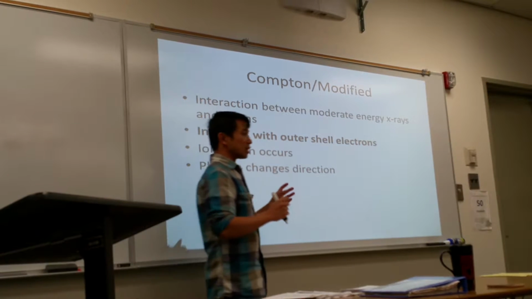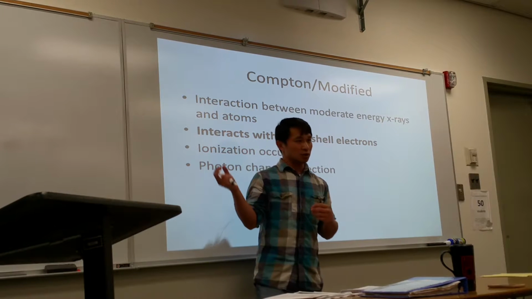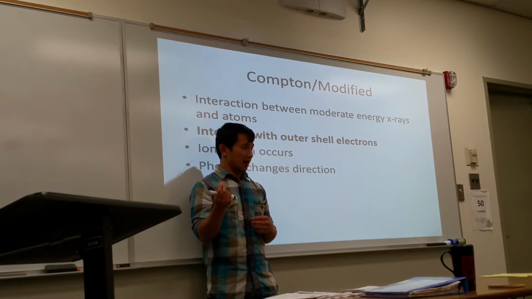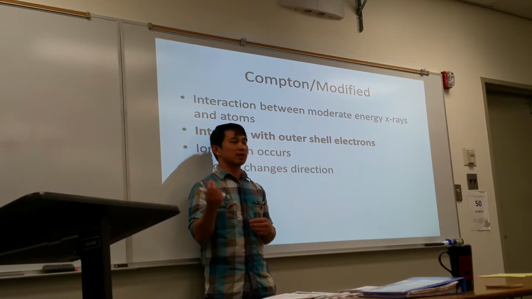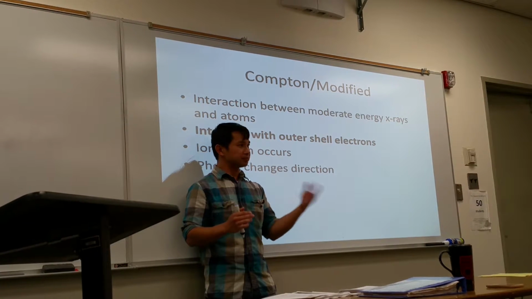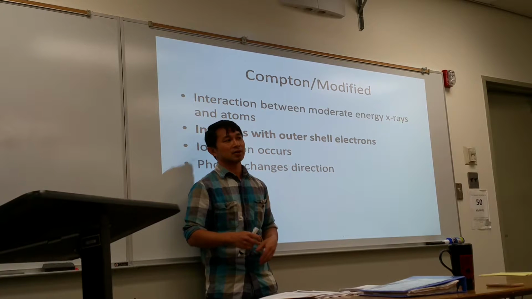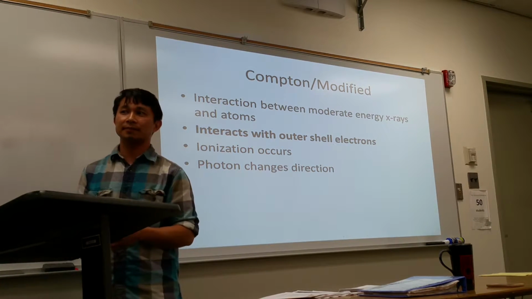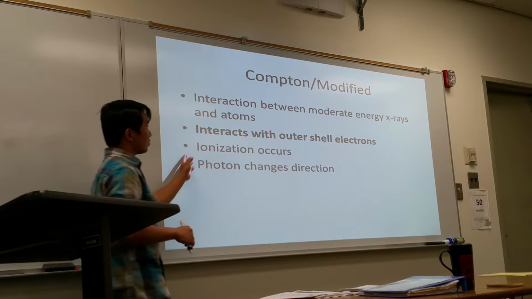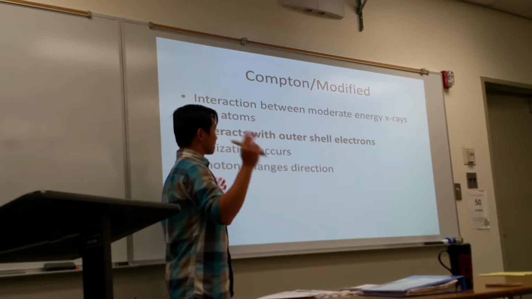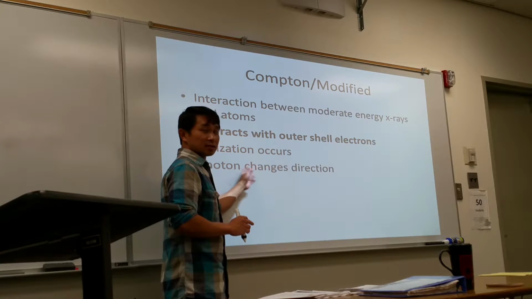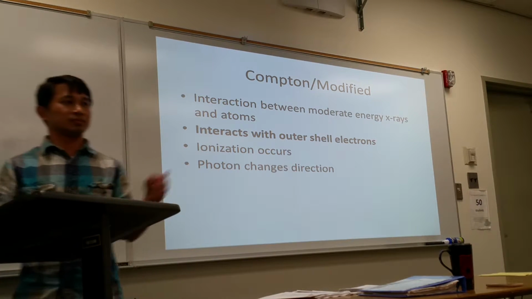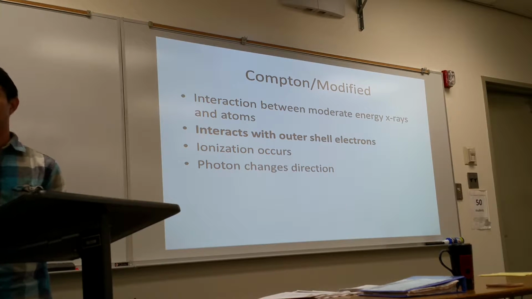With these interactions, the outer shell electron absorbs too much energy and escapes from the atom. So there's ionization in this process. When it escapes, it produces scatter radiation, and the scattered photon can go in any direction.